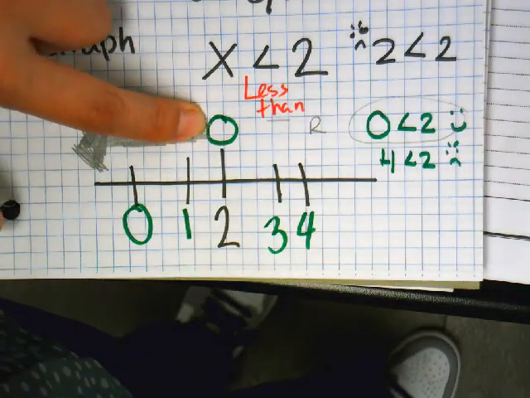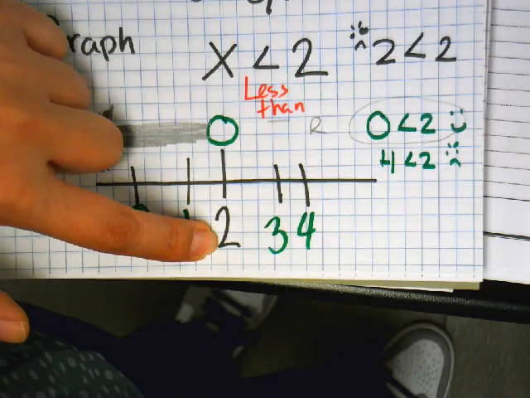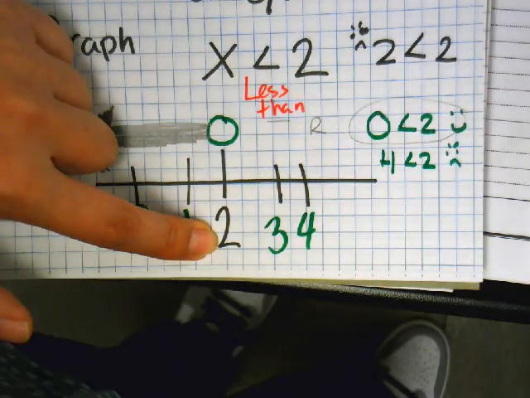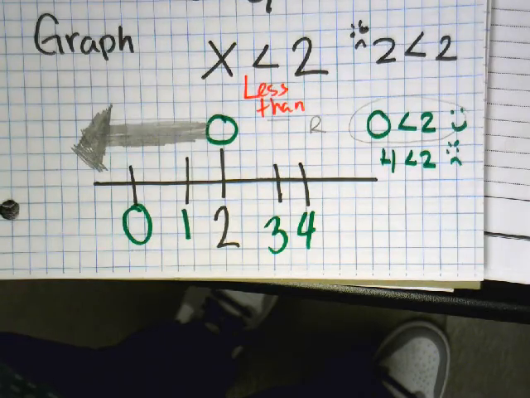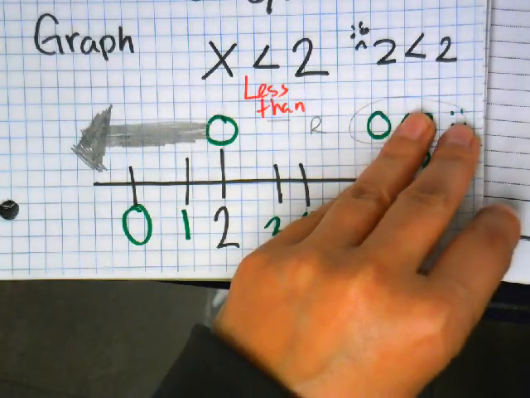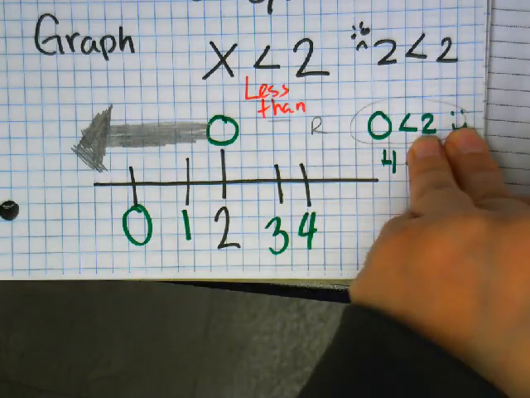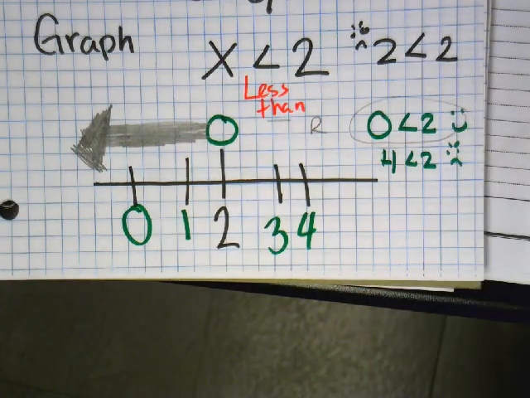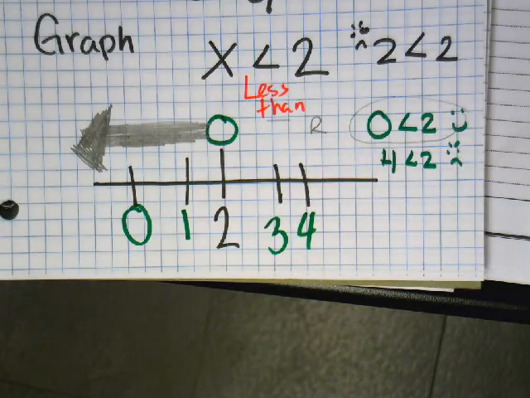We have an open circle because I can't actually use 2. 2 would make my answer wrong. It's like, I can have children that are older than 2 watch the scary movie. They have to be older. That doesn't make sense for this problem.